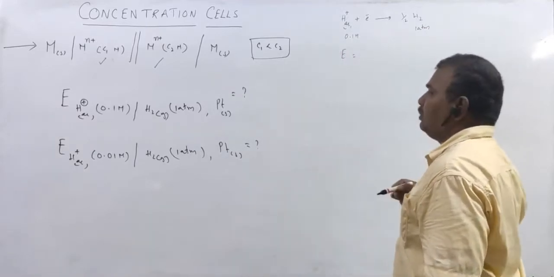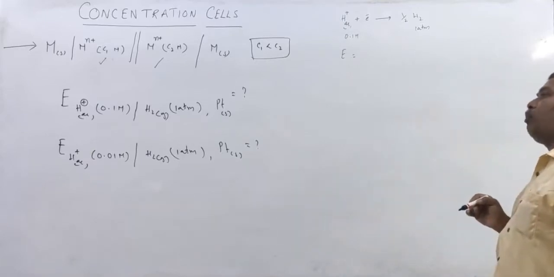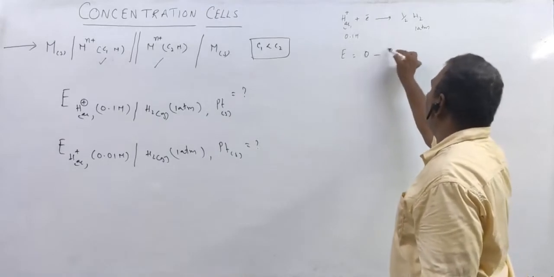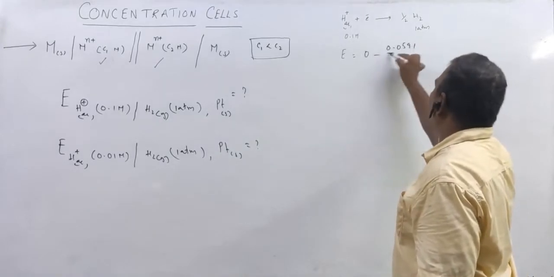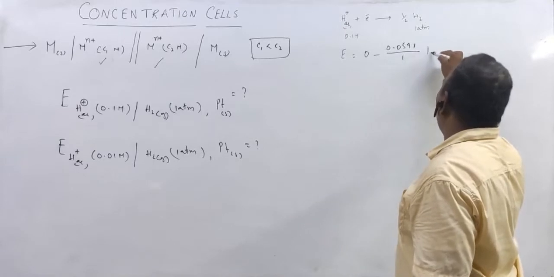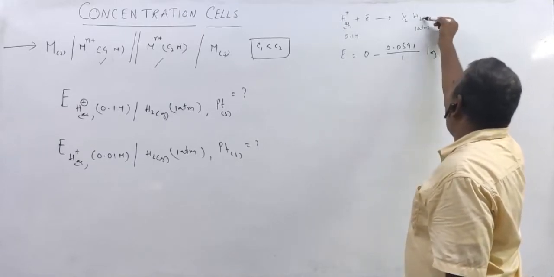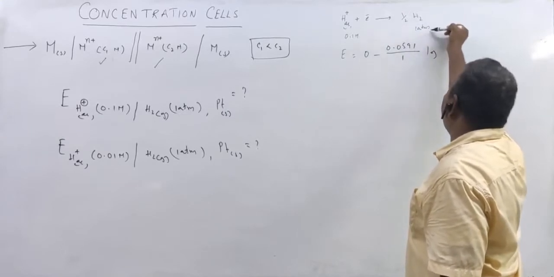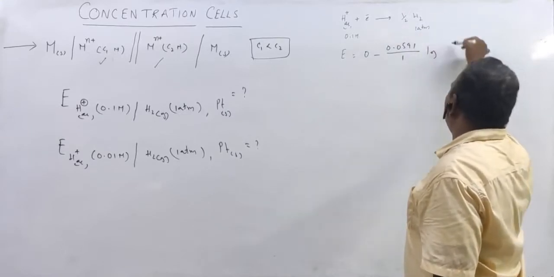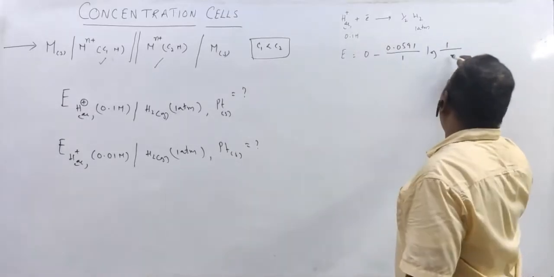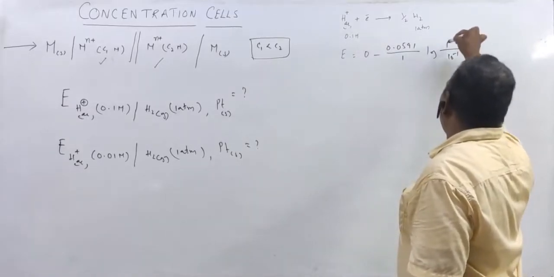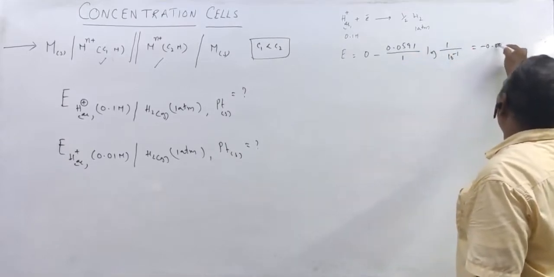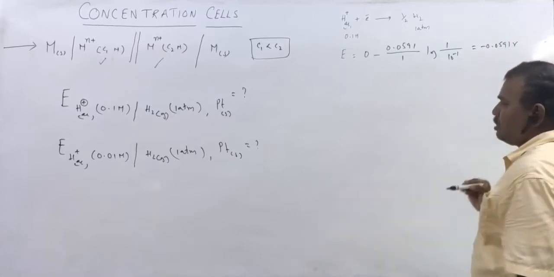E is equal to the standard hydrogen electrode potential minus 0.0591 by 1 log of H2 gas to the power of 1 atmosphere, therefore it is 1, 10 power minus 1, log 10 value 1, therefore it is minus 0.059 volts.